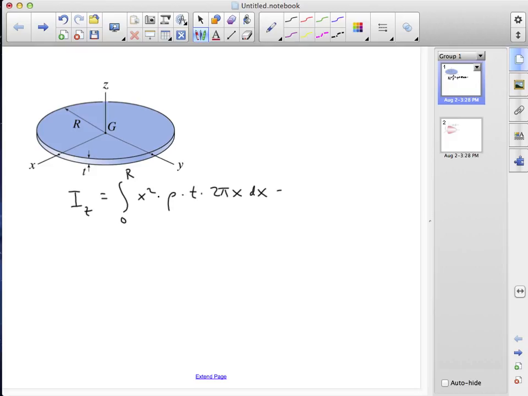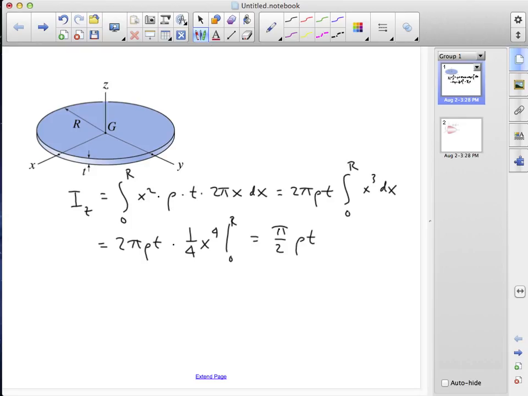We can pull out the 2 pi rho t, and we're left with an integral from 0 to r x cubed dx. The integral simply becomes 1/4 x to the fourth between these limits, which gives us pi over 2 density times thickness times r to the fourth.